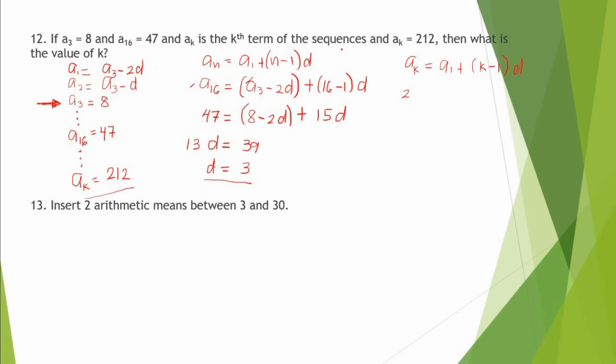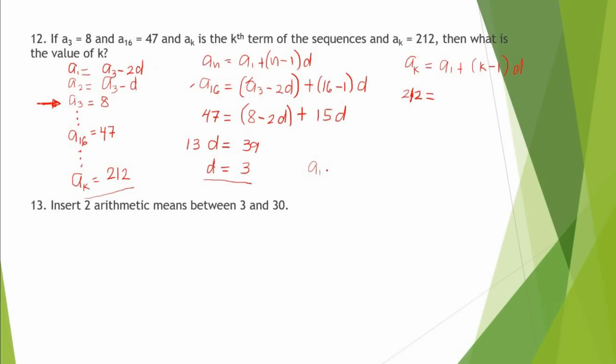Okay, AK is 212, which equals A1. So let us first solve for our A1.